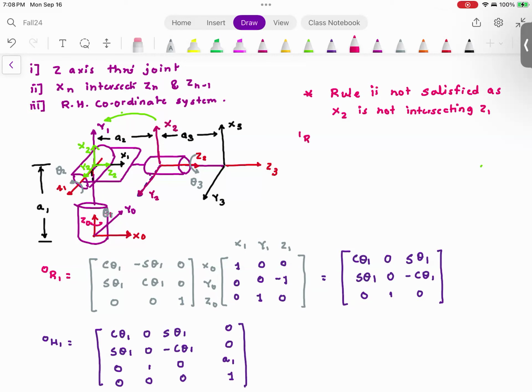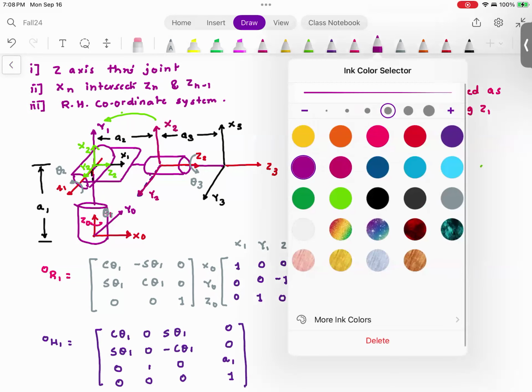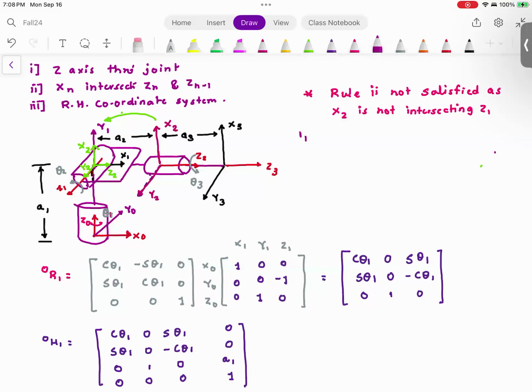So I would say 1R2, again cosine, let me use a different color pen. 1R2: cosine theta 2, minus sine theta 2, sine theta 2, cosine theta 2, 0, 0, 0, 0, 1.